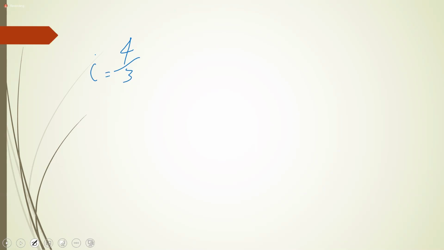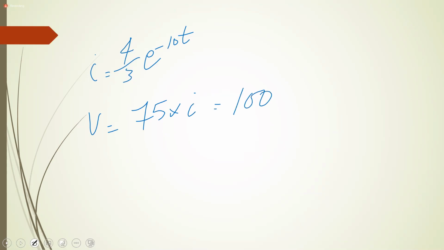That's the current through the 75 ohm, 4 over 3 e to the minus 10t. So V is equal to 75 times I, which would give us 100 e to the minus 10t.